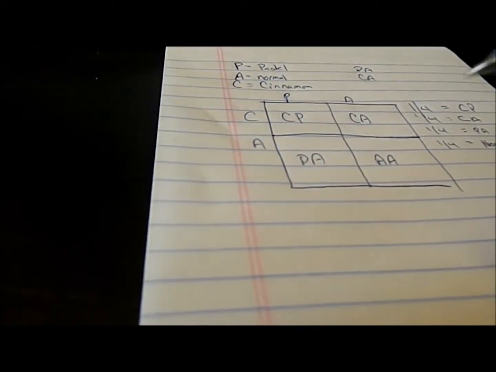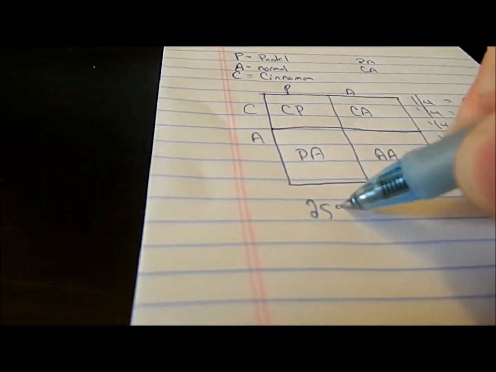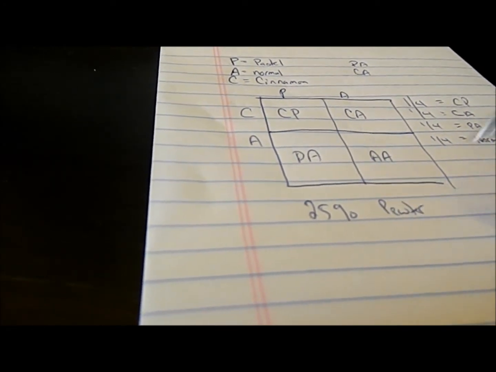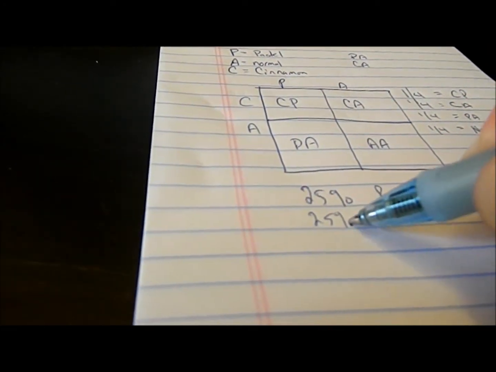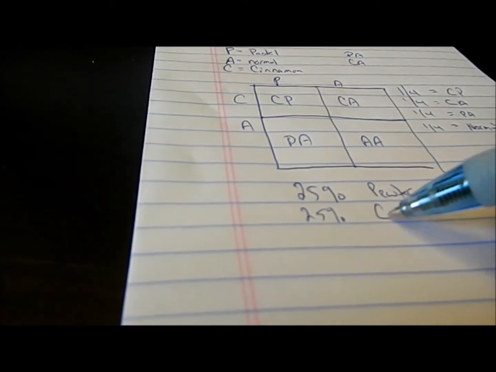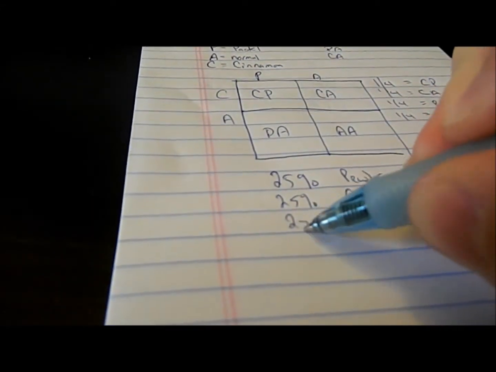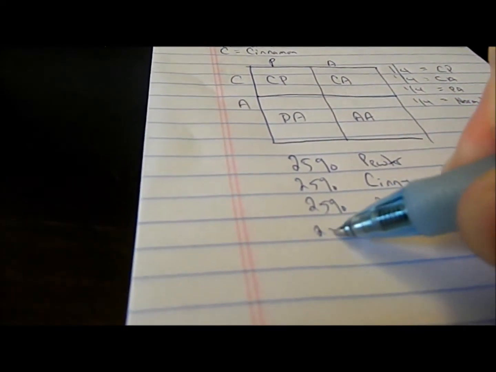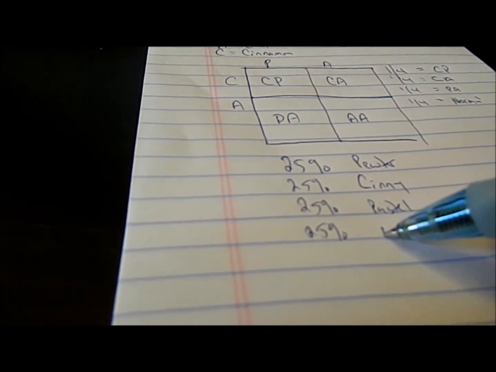But that's percentages. So per egg, you have a 25% chance of a pewter, 25% chance of a cinnamon, 25% chance of a pastel, and a 25% chance of a normal.